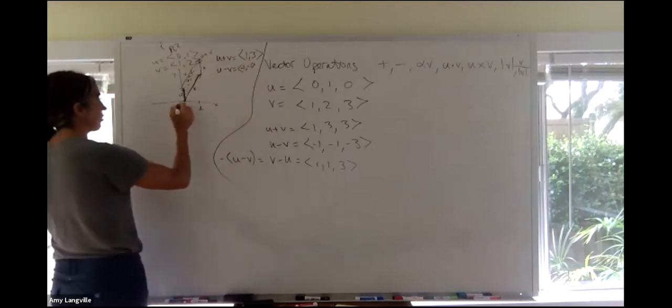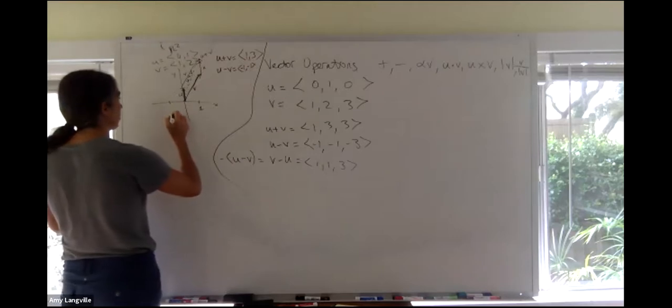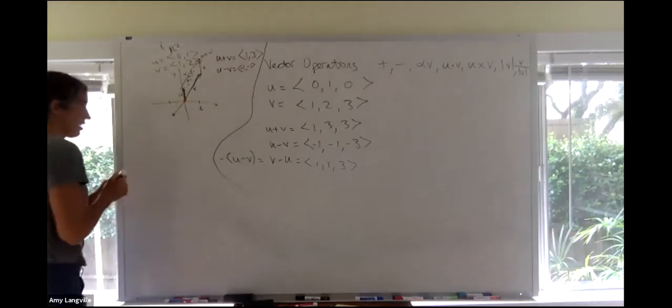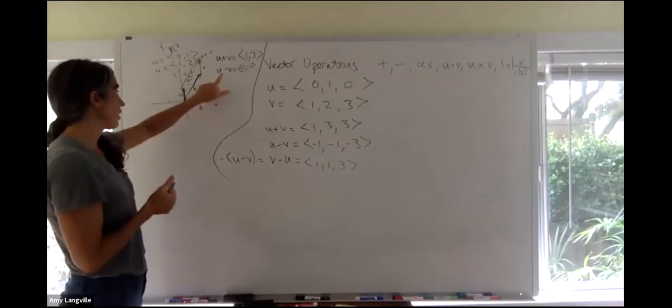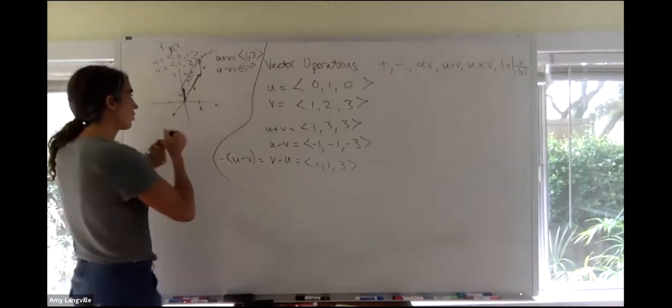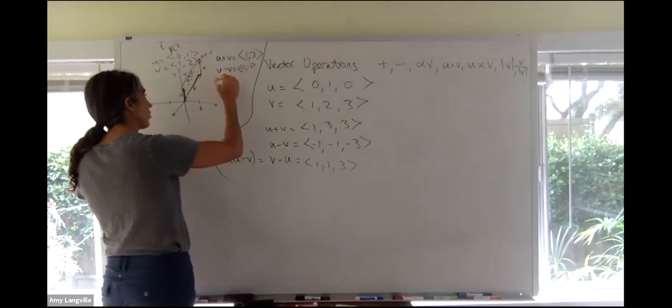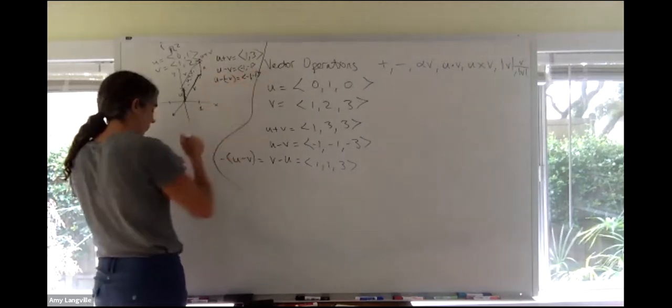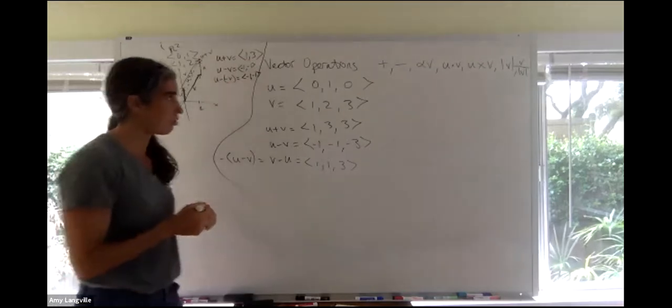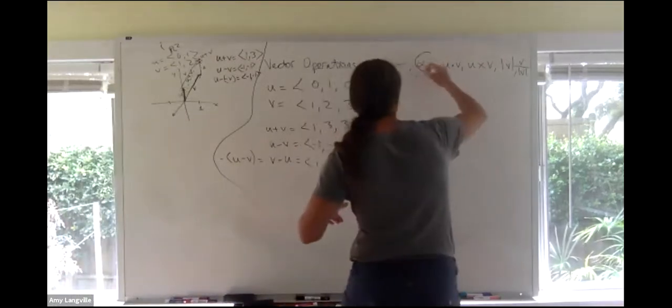And that is the vector over here, -1, -1. Okay, so notice that you can also think about u minus v as u plus a negative v. And that gets you to the same place. And that brings us to this point.